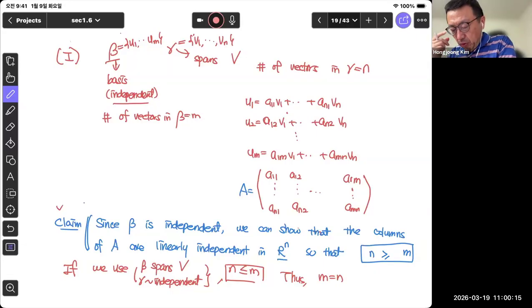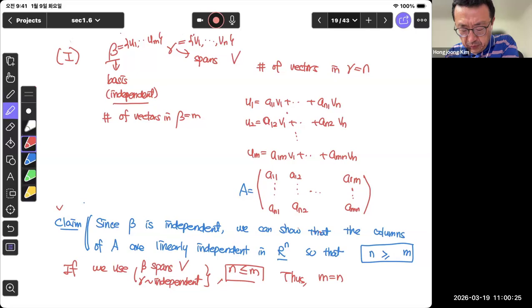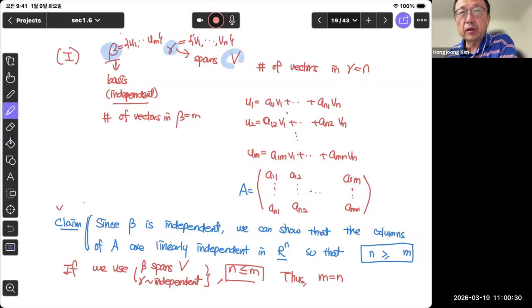Then the benefit of this claim is that I'm just transforming the problem from general vectors in some general vector space to the numbers. I am considering a certain matrix A with numbers.